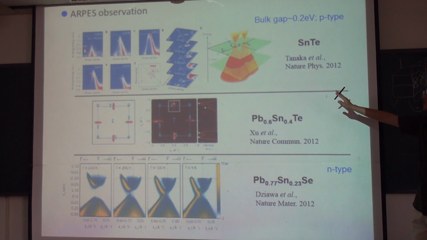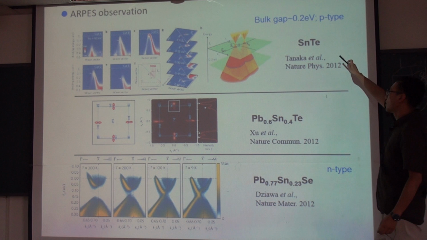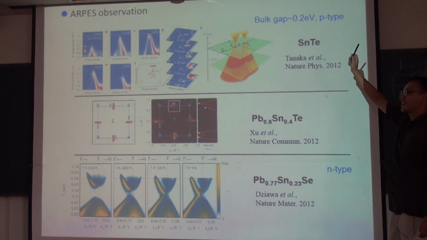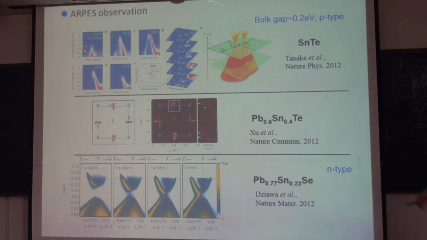Why is it very difficult to perform? Because for SnTe, usually you will form some orthorhombic structure instead of the rock salt structure, very cubic, not very cubic in the usual case. So you need some detailed treatment.